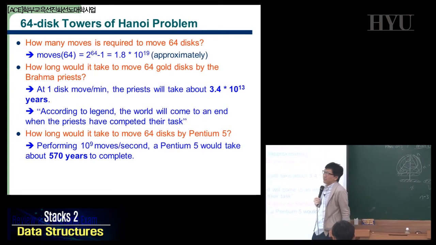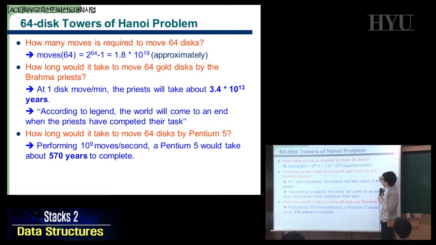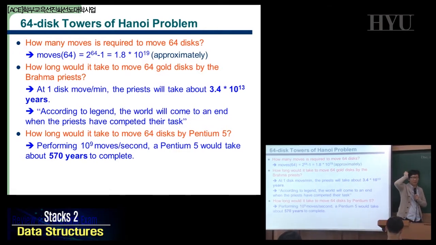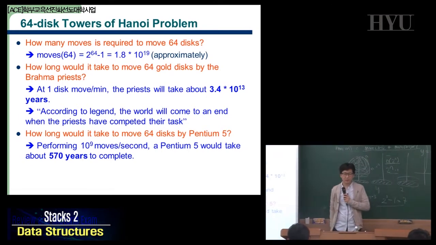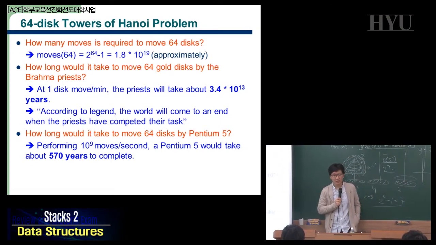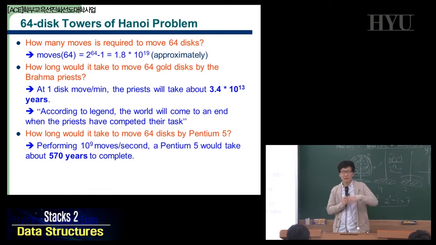Moving 64 disks, that's how much it takes. That's approximately 1.8 times 10 to the 19. That's a lot of moves that I have to make in order to move 64 disks from A to C. How long does it take to move 64 disks by the priests? That's a classical problem.